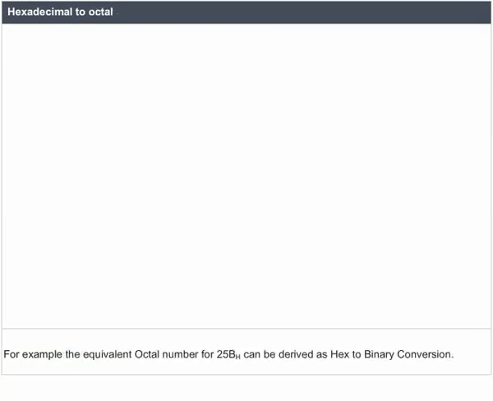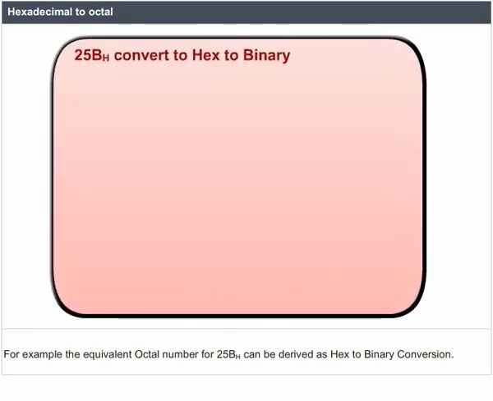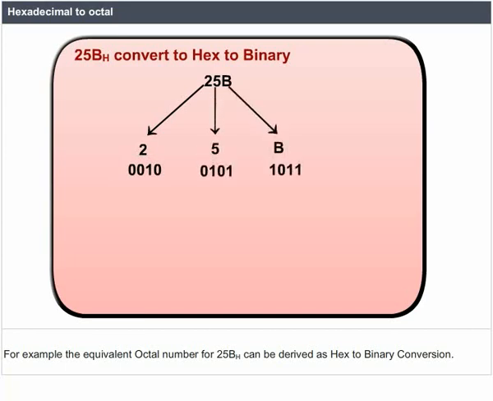Hexadecimal to octal. For example, the equivalent octal number for 25B to the base 16 can be derived as follows. Hex to binary conversion: 2 equals 0010, 5 equals 0101, B equals 1011. The binary number is 0010 0101 1011.